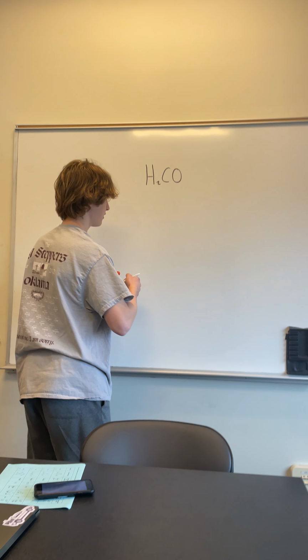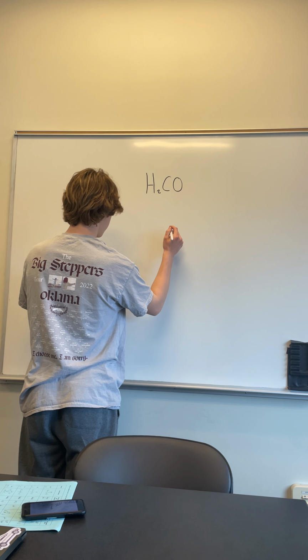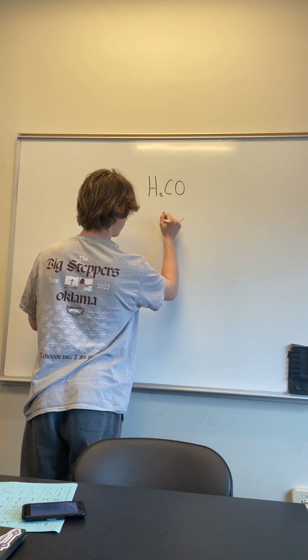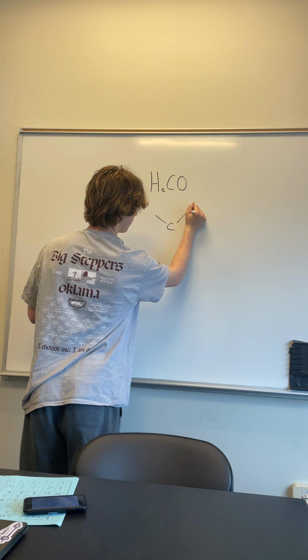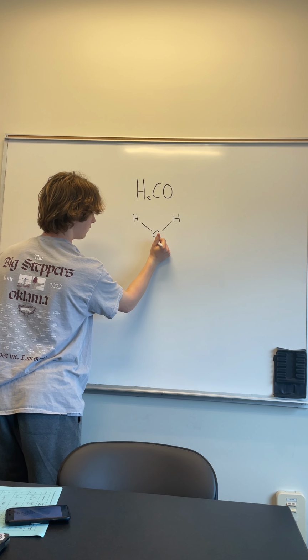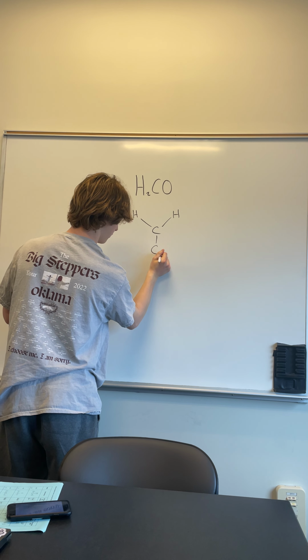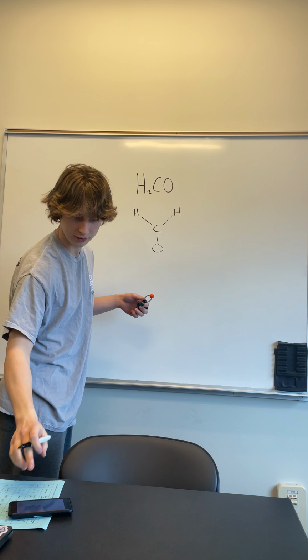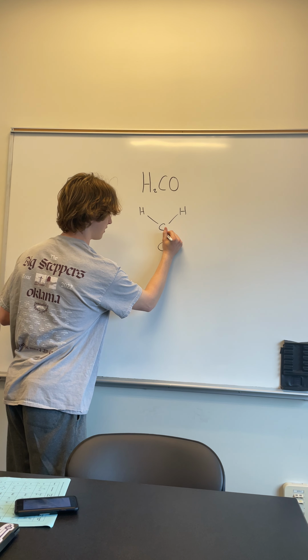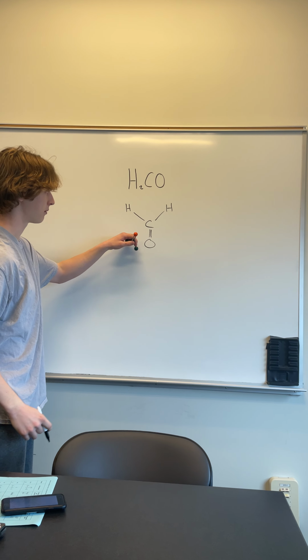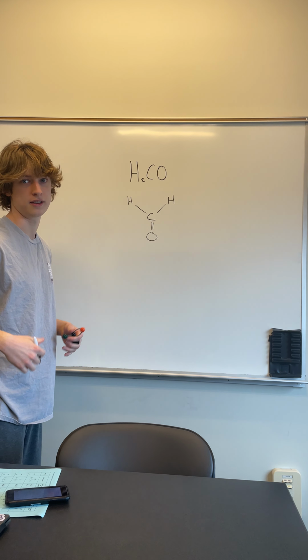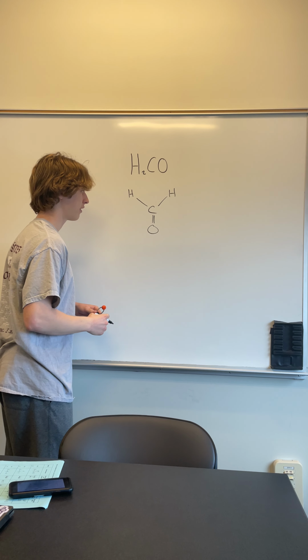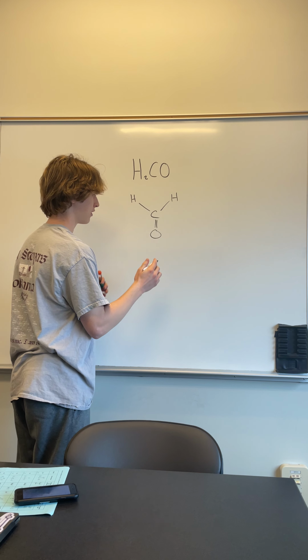So the reason for this, I'll sketch out the Lewis structure. It is due to the octet rule. And the octet rule means that the atoms carbon, oxygen, nitrogen, and fluorine must have 8 electrons surrounding them.